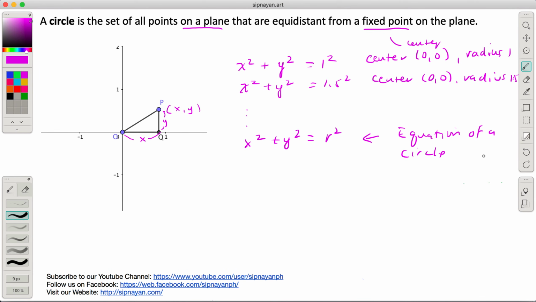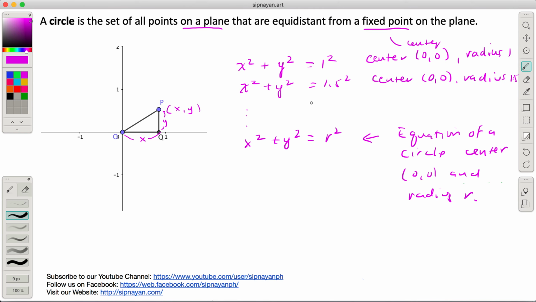So the equation of a circle with center 0, 0 and radius r, for any r. Of course, if the radius is 100, x squared plus y squared equals 100 squared.